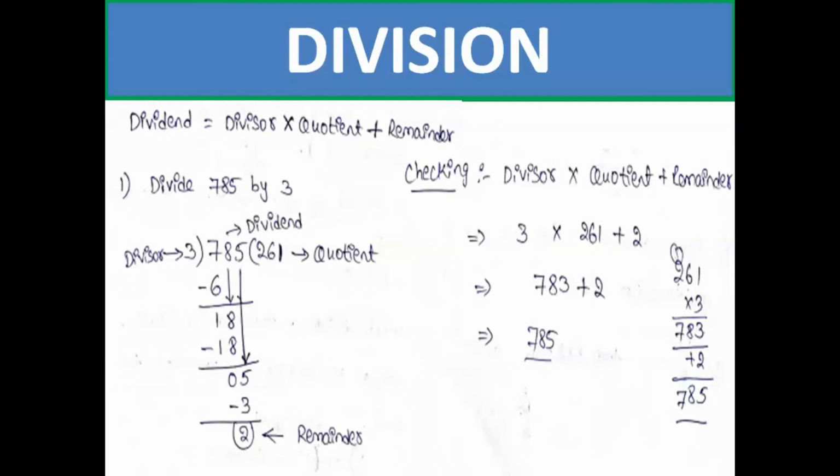We have to add 2. 3 plus 2 is how much? 5. 8 as it is, 7 as it is. Product is 785. So you see here, dividend is 785. This is the checking process.